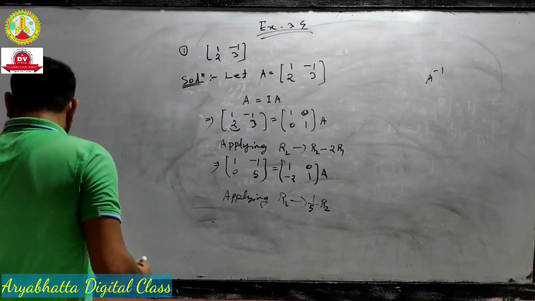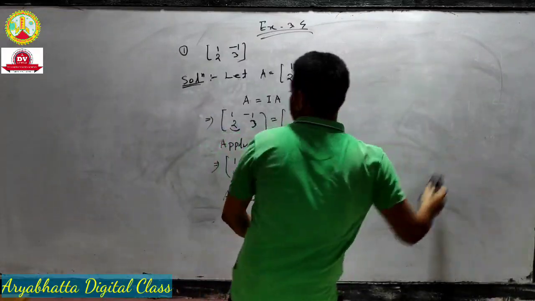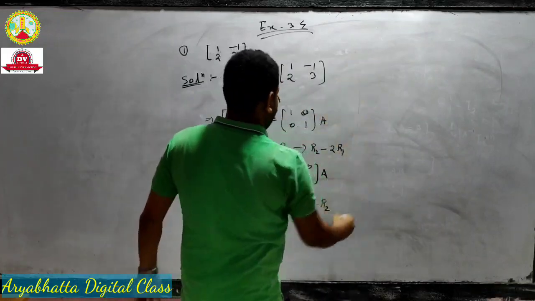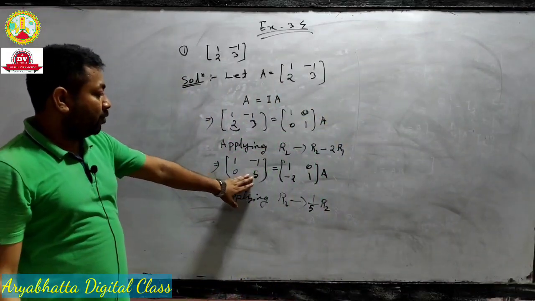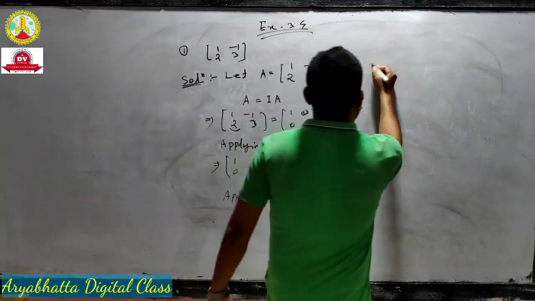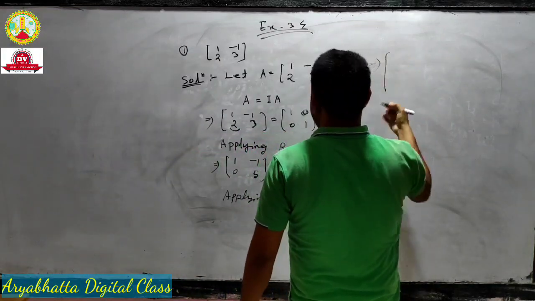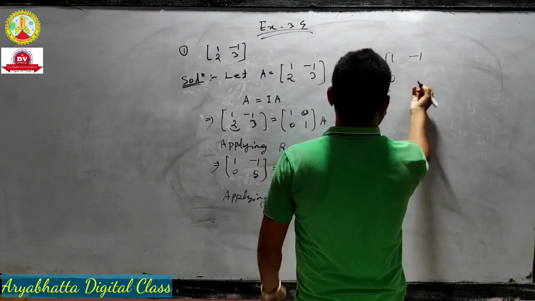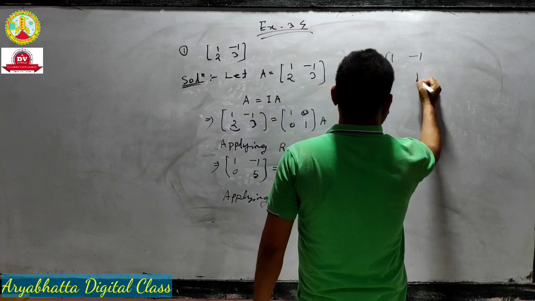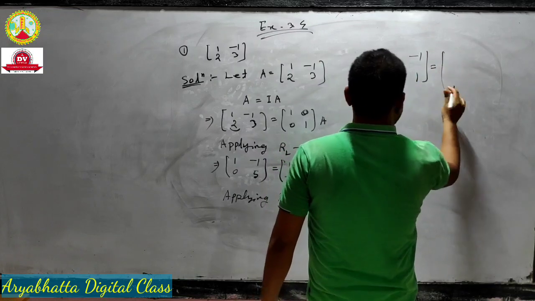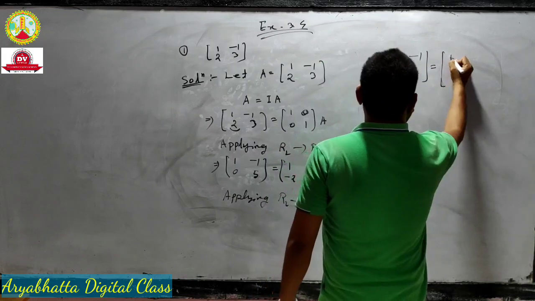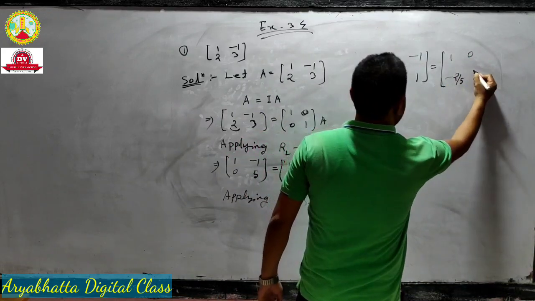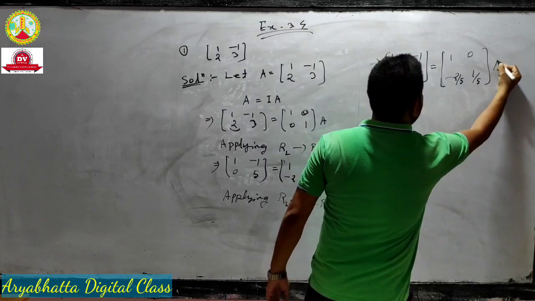Then we have [1 -1; 0 1] equal to [1 0; -2 by 5, 1 by 5] into A, because these elements have to be equal to 1.